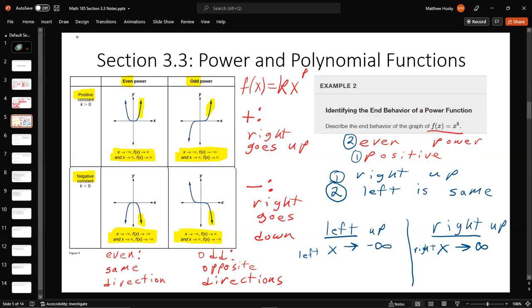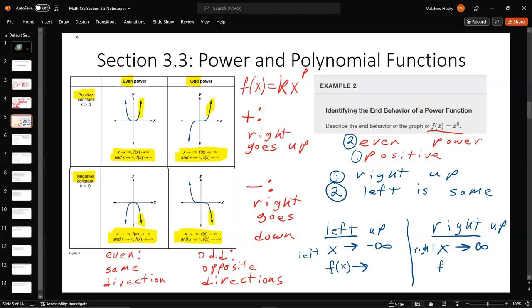And like I mentioned, if you're describing end behavior with symbols, you will always have a left side and a right side. So you would always write both of these things down because every graph will have a left side and a right side. Once you've figured out whether it goes up or down, you then say f of x and then tell them where it goes.